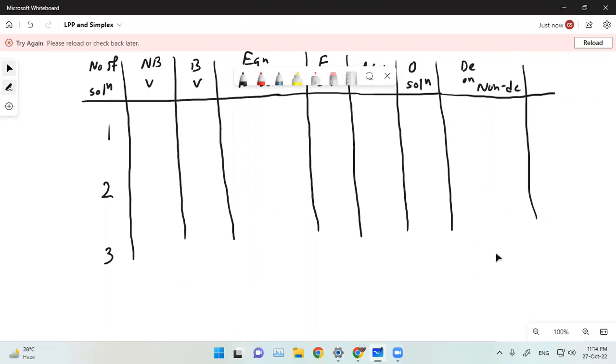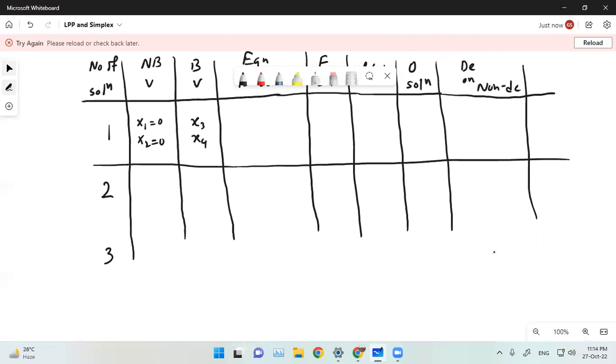Okay, let's solve 3 first, and then go to the next 3. So just saying that x1, x2 is non-basic. So x1 equal to 0, x2 equal to 0. Then the basic variables will be x3 and x4. Okay, so this is case number 1. Case number 2, basically, all possible combinations that we have, you have to take those.